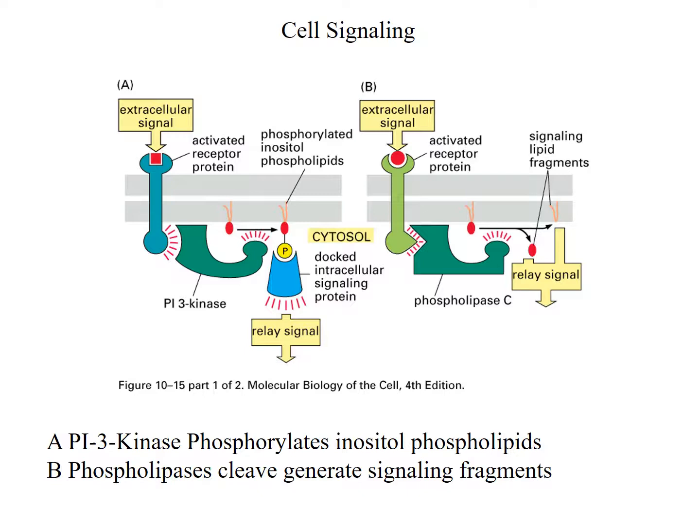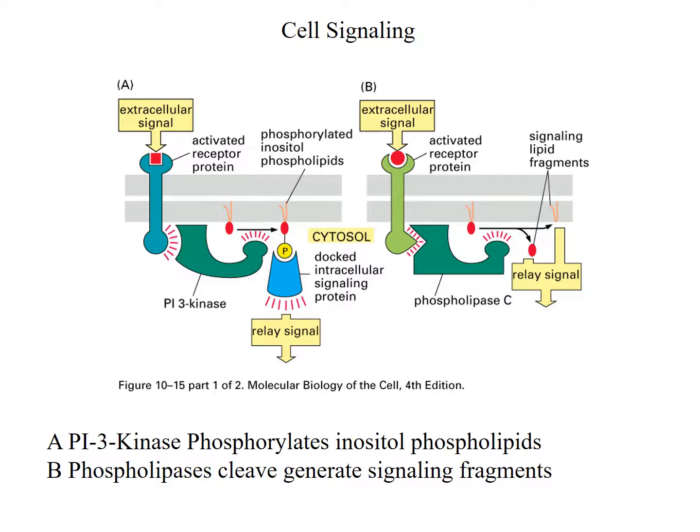So if you remember our lipids, inositols are part of phosphatidylinositols, which are part of lipids. And so what happens is this enzyme will find a phospholipid as its substrate. It will phosphorylate the lipid, and that phosphorylated lipid is recognized by a signal protein that then might be an enzyme or might dock with an enzyme, and you get signals to occur from that direction.